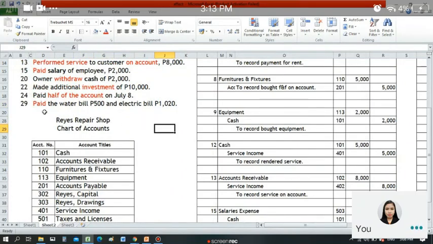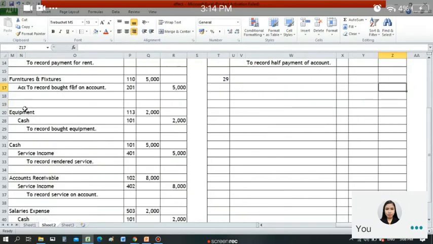Unless another date is stated, like 29 again, but with water bill here and electric bill there, then you would make two entries with the date 29. Since they are under just one date, they are combined. So we debit what we pay: utilities expense, and then credit cash to record payment for utilities.